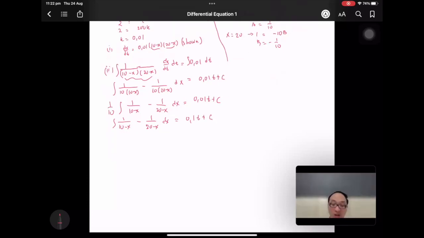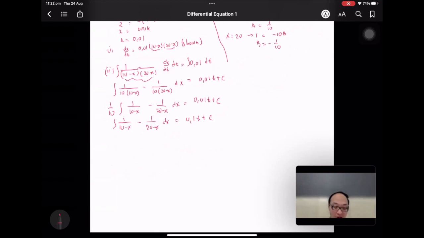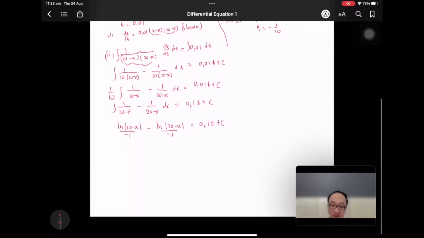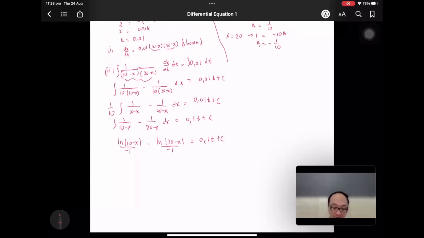So on the left side, we will have ln|10 minus x| over negative 1 minus ln|20 minus x| over negative 1 equals 0.1t plus c. So we have negative ln|10 minus x| plus ln|20 minus x| equals 0.1t plus c.